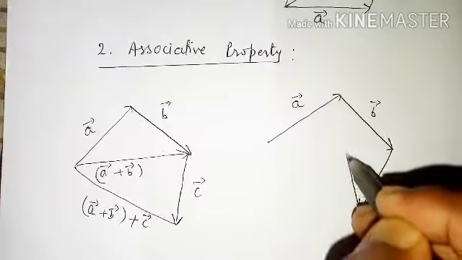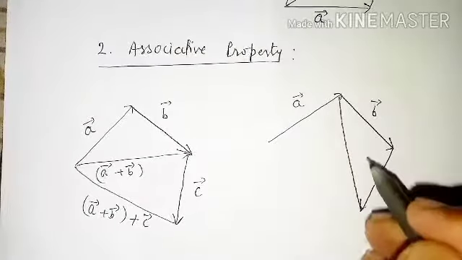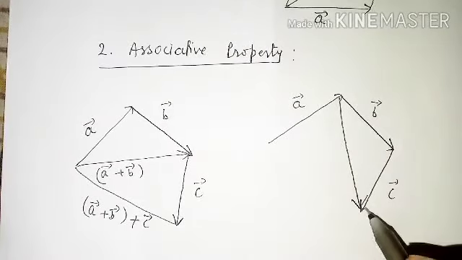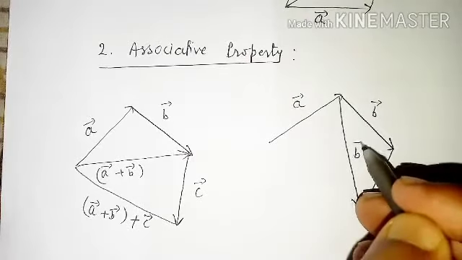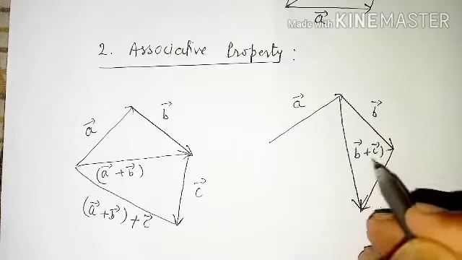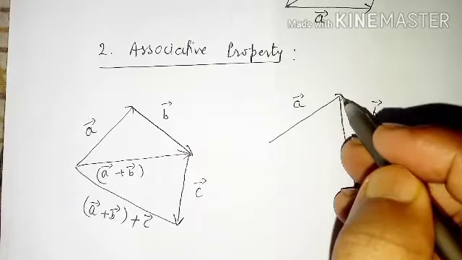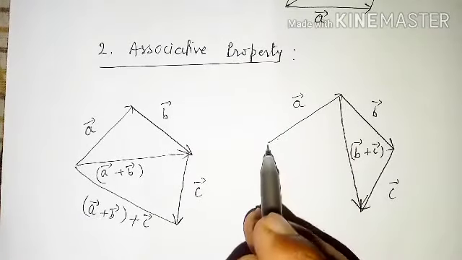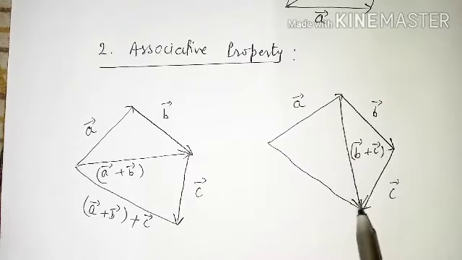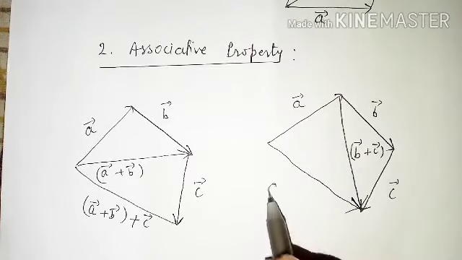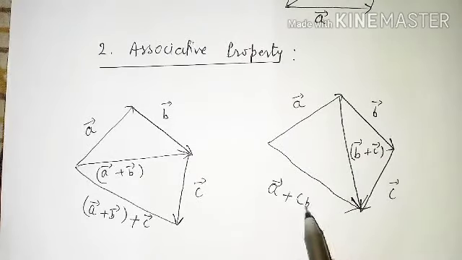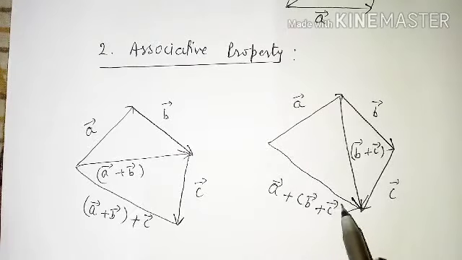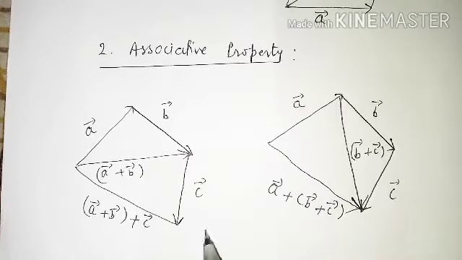Then this one is vector b plus vector c. This is vector a and this is vector b plus vector c. Then this one will be vector a plus vector b plus vector c.